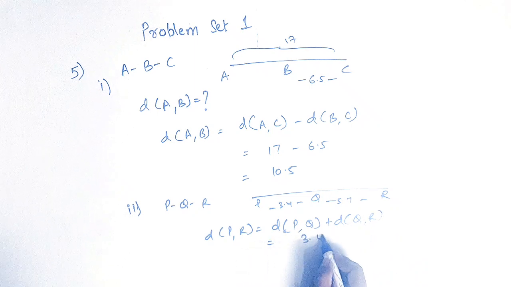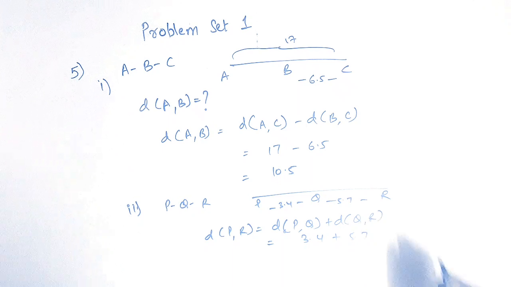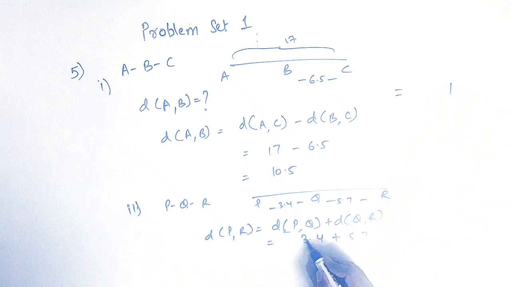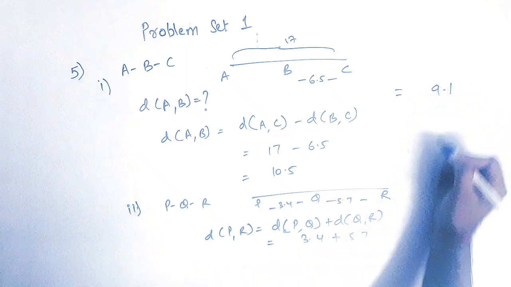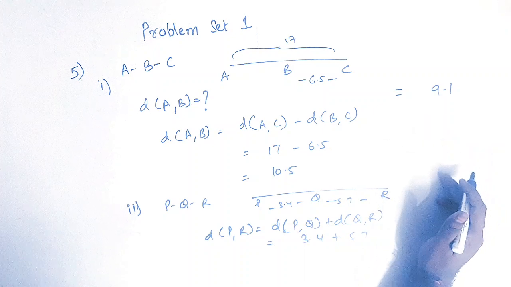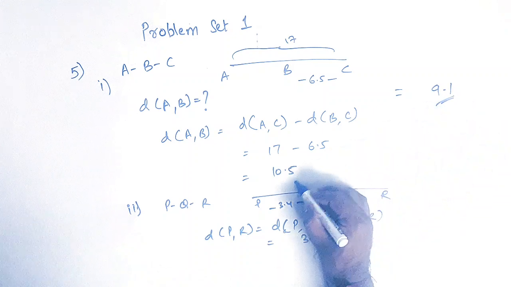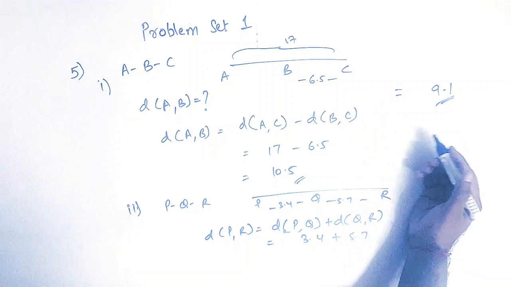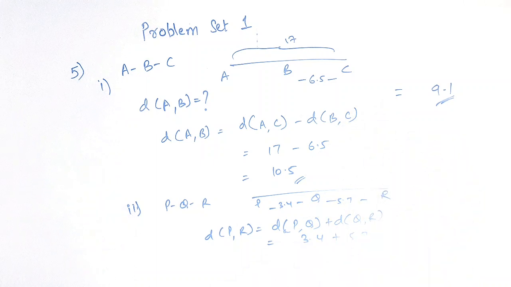That is 3.4 plus 5.7. Okay. So what is 3.4 plus 5.7? Let us do 4 plus 7 is 11. 4 plus 5 is 9. It is 9.1. Okay, centimeters, meters, nothing is given, so you will keep it as it is. Okay, this is your final answer for AB and PR. Okay, then we'll move on to sixth one.